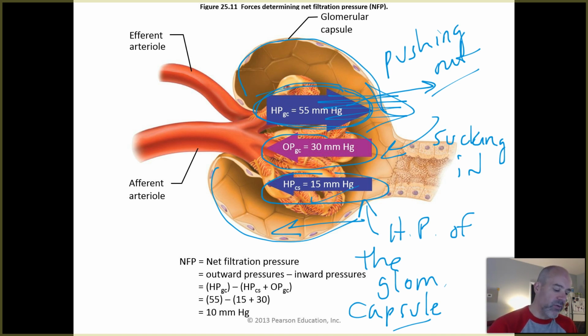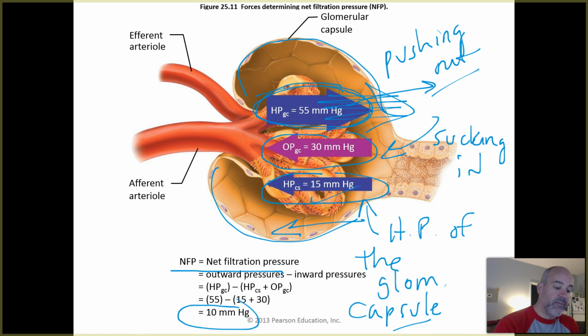And when you add those things up, your net filtration pressure, or NFP, is about 10 millimeters of mercury. That means the pushing out pressure overcomes the pressures that are trying to draw fluids back into the glomerulus. And because of that, fluids move out of the blood and into these glomerular capsules.